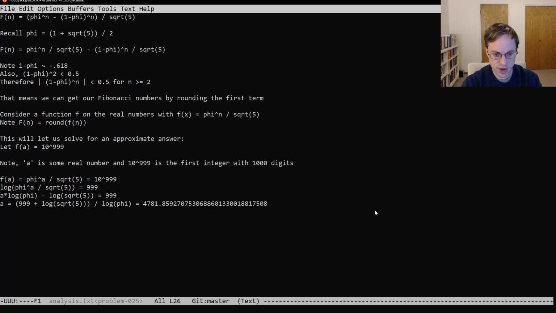And so we'll say, note f is an exponential function, and so is always increasing.